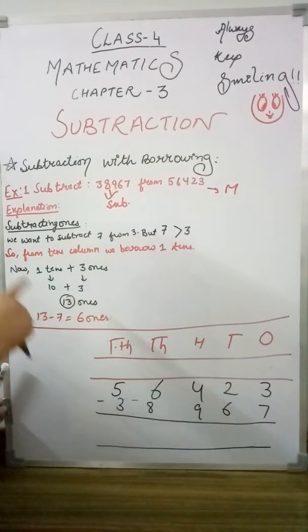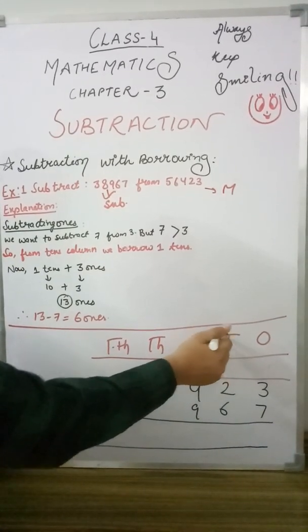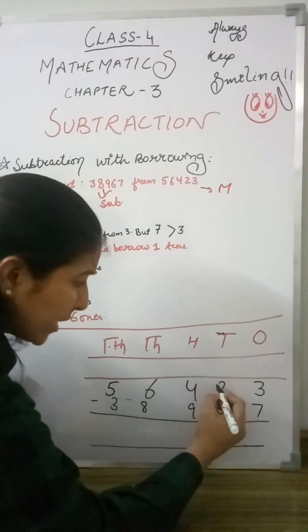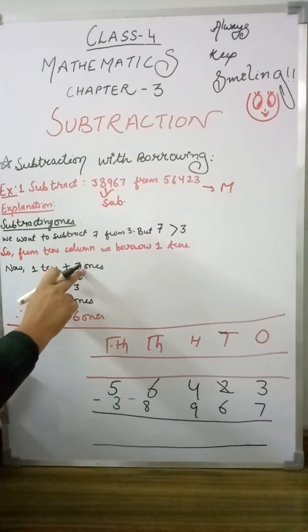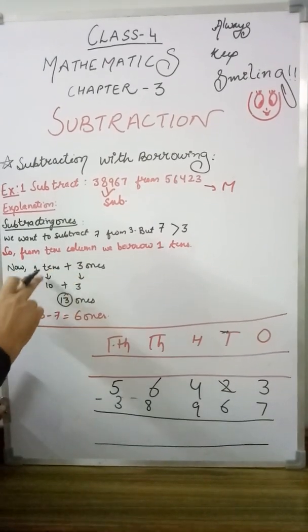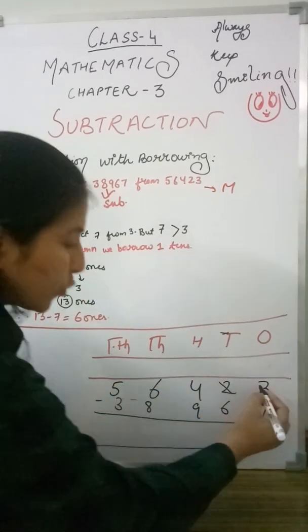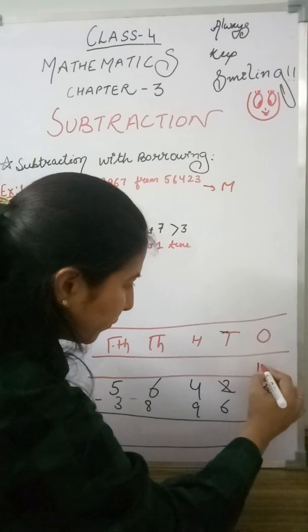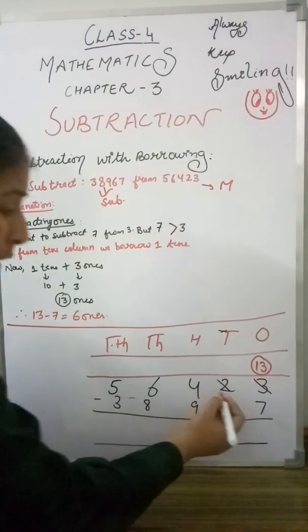In that case, from the tens column we borrow 1 ten. 1 ten means 10, plus 3 ones already there, it becomes 13 ones. So we cancel this number and write 13 here. I borrow 1 ten from the tens place and it becomes 13.